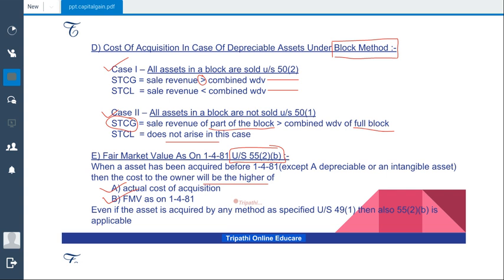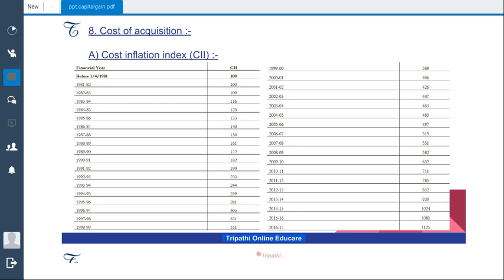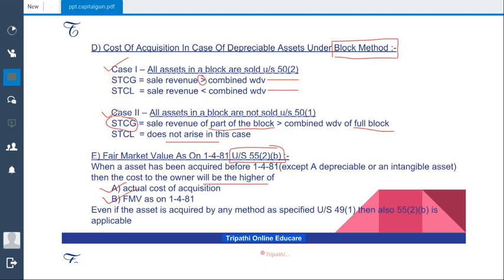So if you buy any asset before 1/4/81, now why we are saying 1/4/81? Because if you see cost inflation index, our cost inflation index starts from 1981-82. So if you buy any of the asset before 1981-82, right?